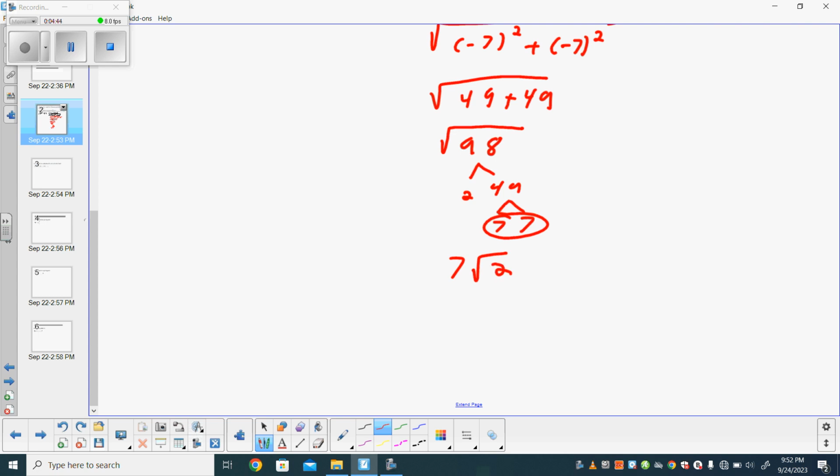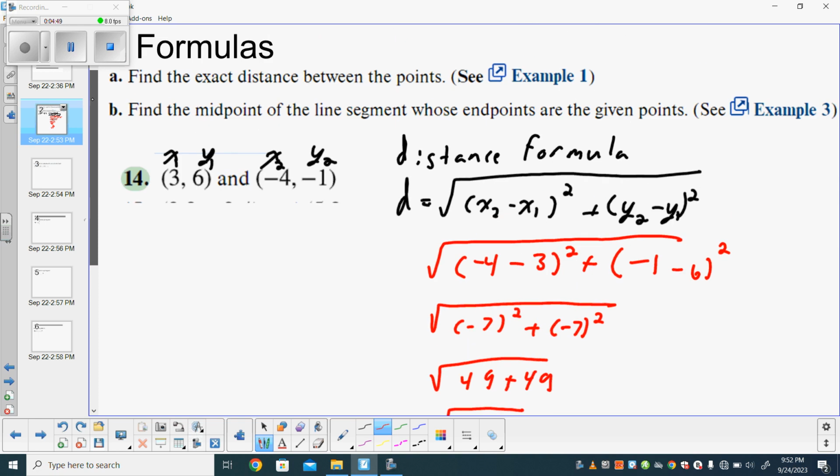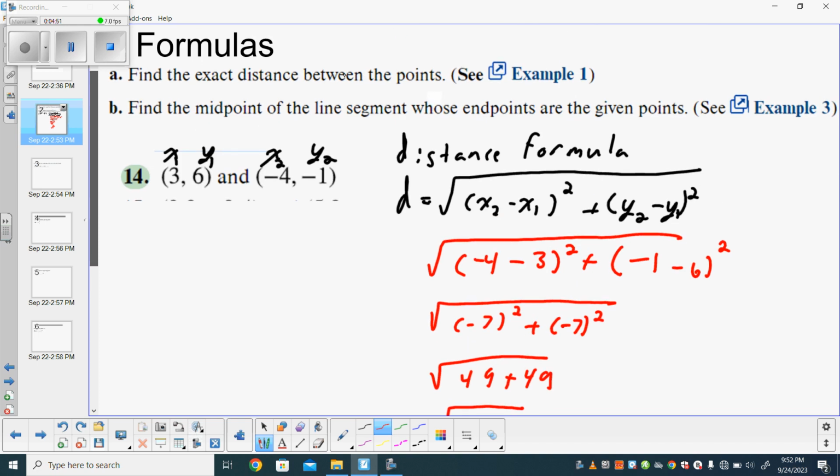All right, now part B of this asks us to then find the midpoint of the line segment whose endpoints are given. So the next thing you need to know is what is the midpoint formula.